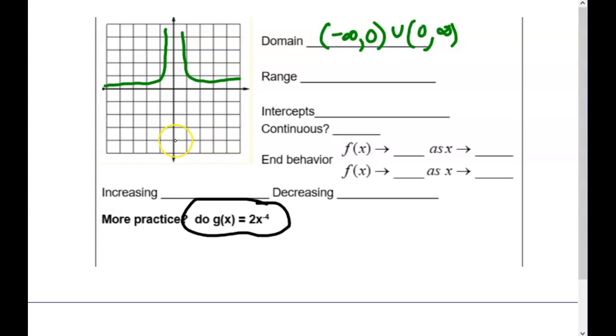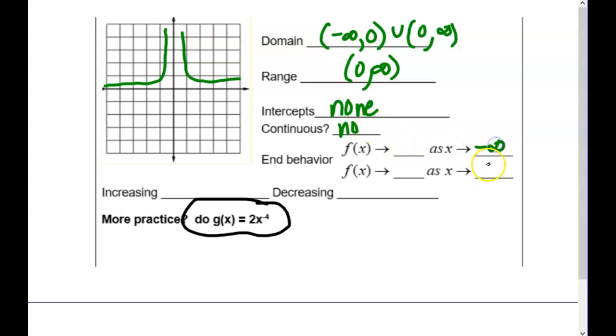Range, bottom to top, what's happening? Everything's above 0, right? So I say 0 and up, not including 0. Everybody all right? This one has no x or y intercepts. It's not continuous.